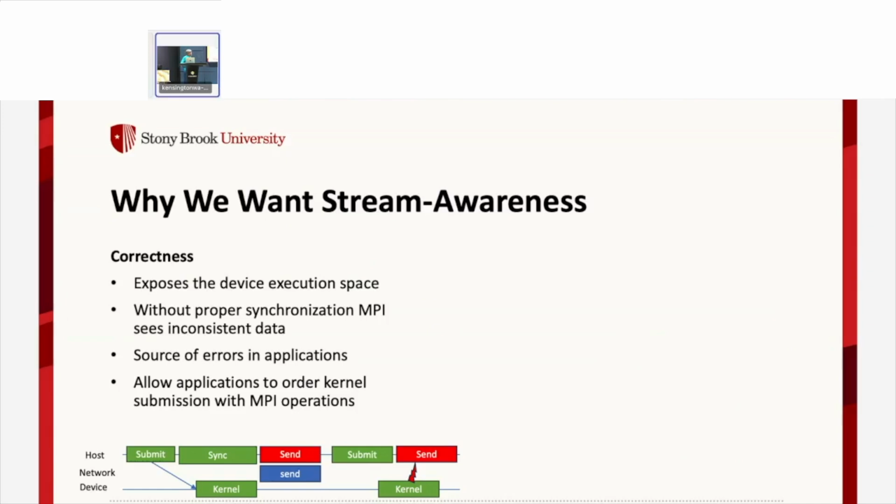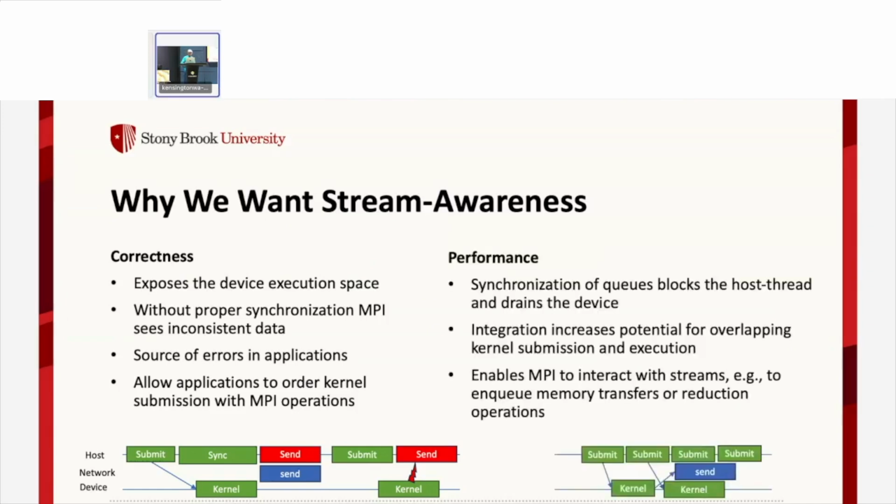So we can order the network communication with what happens on the device, but also for performance reasons, right? The host keeps pushing things into the stream, and if we have to synchronize, that means we basically run that stream dry.